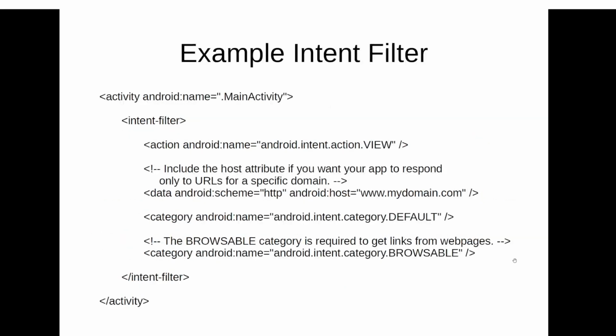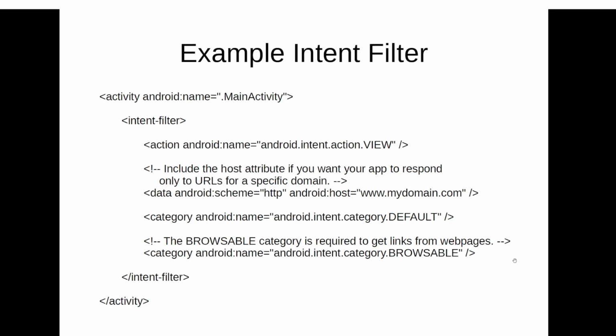Here we see an example of an intent filter. This intent filter is specified as a child of the activity tag for main activity. This means if an implicit intent matches this intent filter, our main activity would be launched by Android.